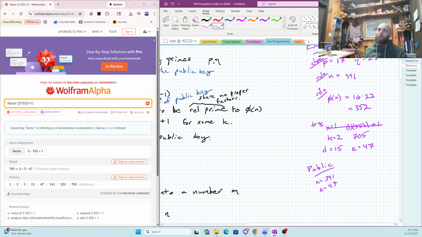And now if somebody wanted to break our encryption, they would need to factor N into its 2 prime factors, and then they would need to try to find our K and try to thereafter find D. Now, it's pretty possible there's multiple values of K that might work, which would result in having different values of D and E.